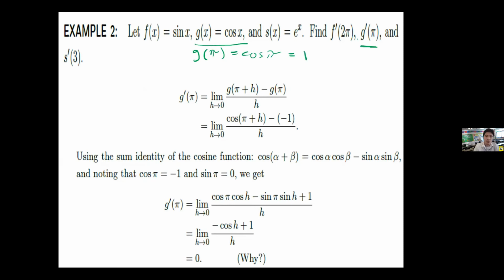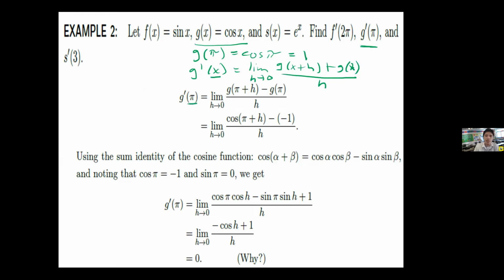So, after gamit na katong g prime of x is equivalent to limit of g of x plus h minus g of x, all over h as h approaches to 0. And by substitution, ang ginapapangita naman is g of pi. So pulihan na nato ang x dire og pi.